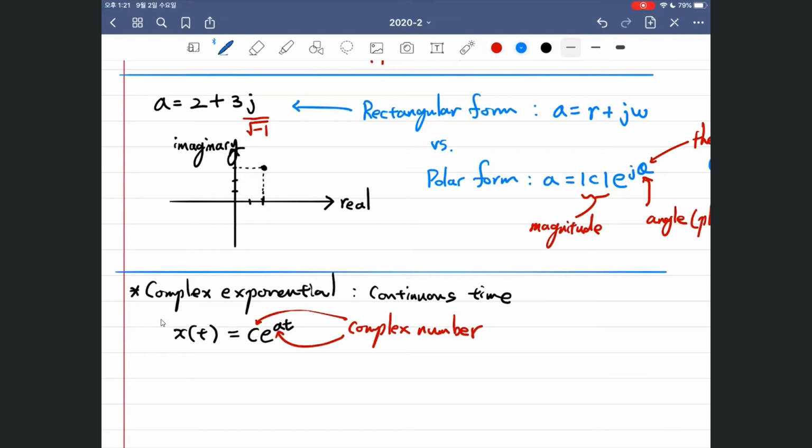So this right here is the magnitude, and the angle between this blue dotted line and the plus x-axis is the phase, which is represented as theta. And you can express the complex term either in polar form or in rectangular form.